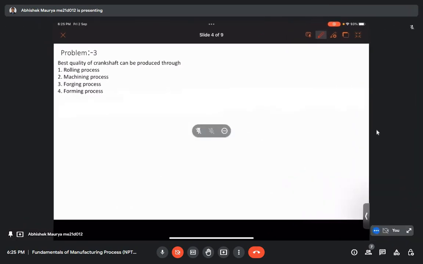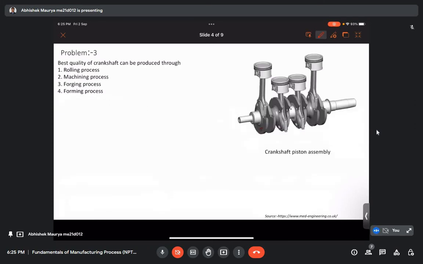Yes, crankshafts are very common in IC engines, and this is how it looks like. Basically, in an IC engine, we know we have pistons, and those pistons are attached with the shaft, and that shaft is called the crankshaft.